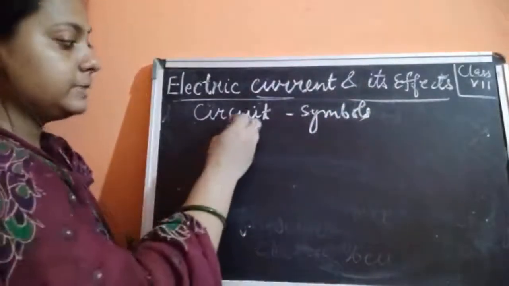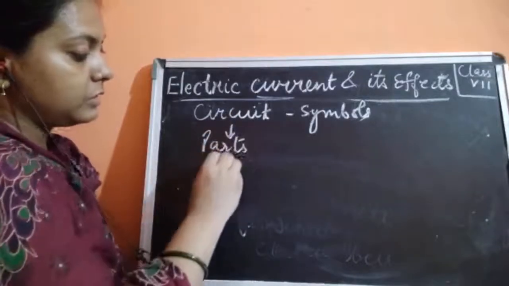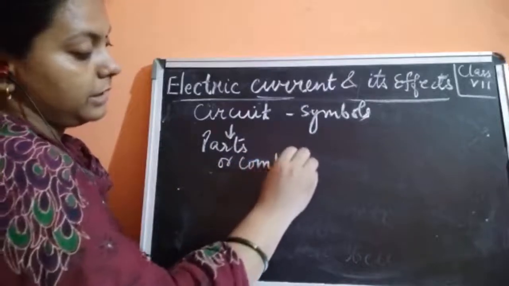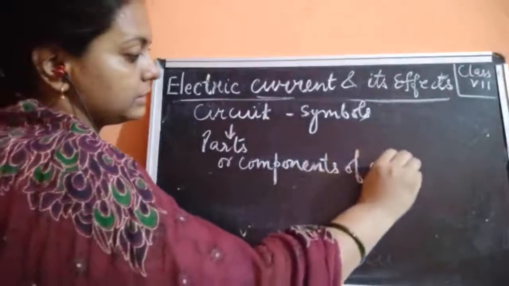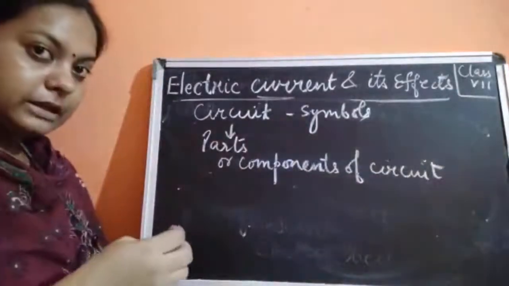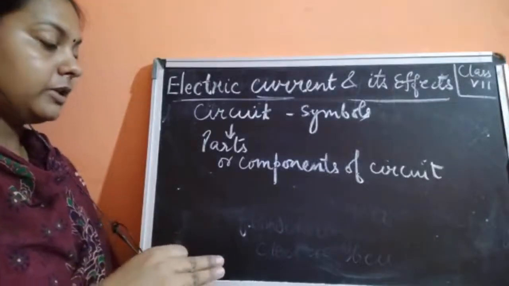Now, what are the symbols used for electric circuit components? This circuit is made up of parts, also known as components of a circuit. Now what are the components of a circuit? If you have made a circuit, what are the components?